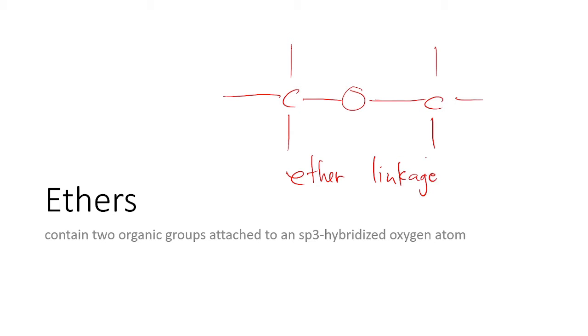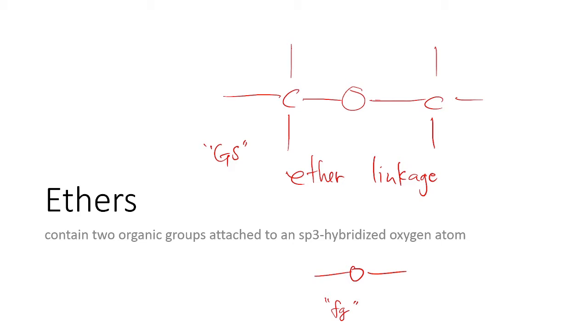If we talk about ethers, our ether group is our oxygen atom. Meaning, when we talk about the functional group, the only functional group here is our oxygen, having the sp3 hybridization. This is our functional group, and this will be our general structure.